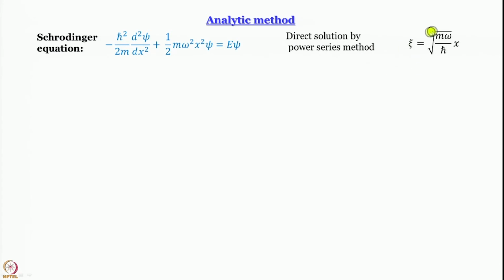Xi equal to root over m omega by h cross multiplied by x. Why do we take this? Because somebody has worked it out already and it has become clear that making this substitution makes the working easier, makes the answer look a little neater.